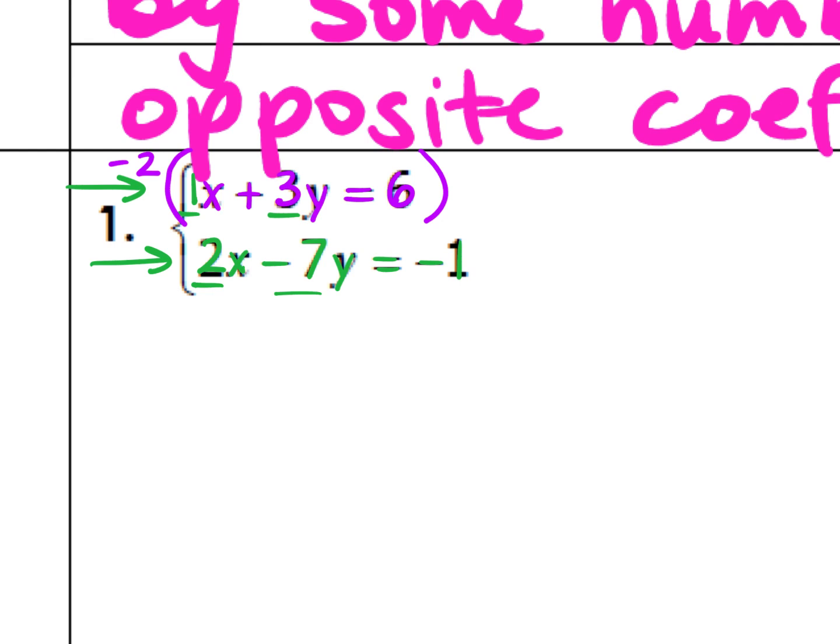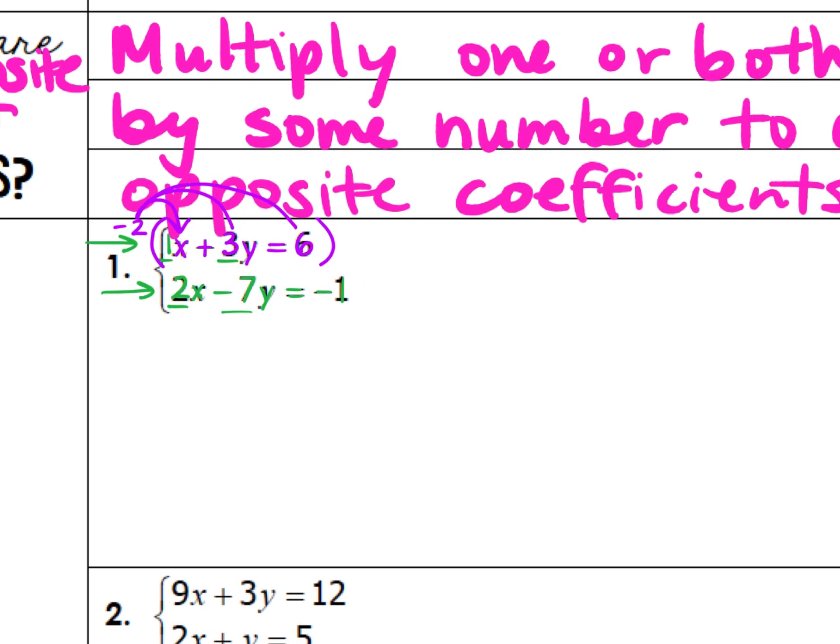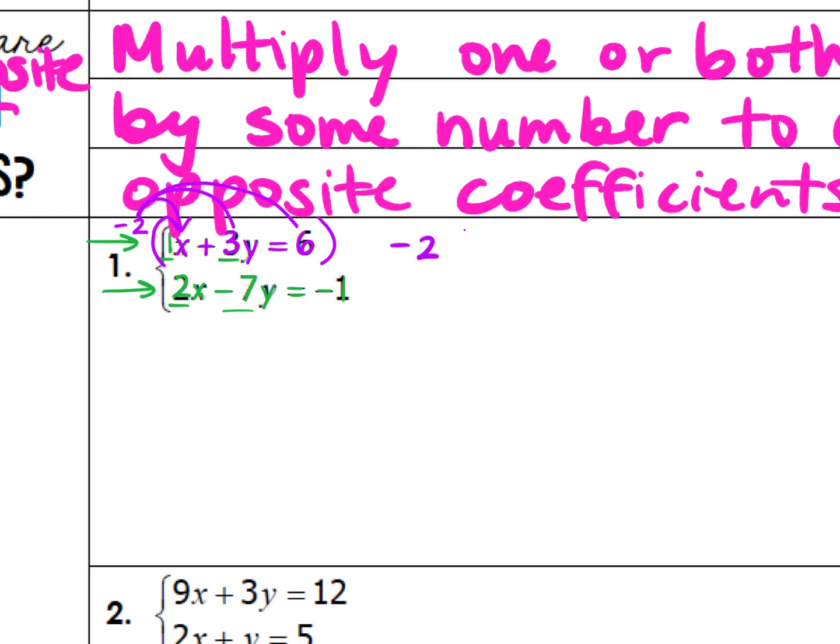And that's every piece of it, okay? All 3 parts. So I'm going to go -2 times this, -2 times that, -2 times that. And I'm just going to rewrite that. You don't have to rewrite this yet. I'm just going to rewrite it here so you see what I'm talking about. Okay, if this is my setup, this is going to become a -2x.